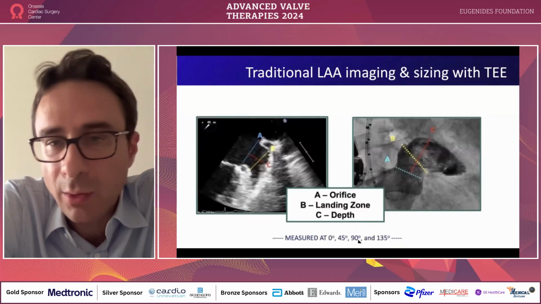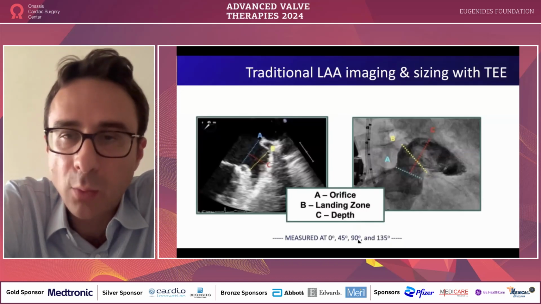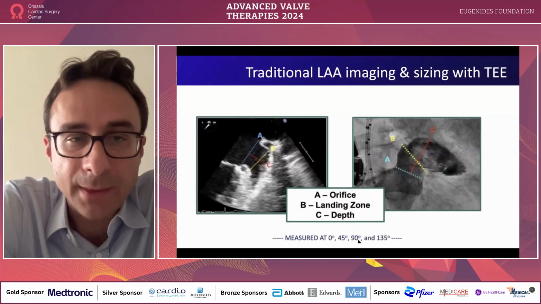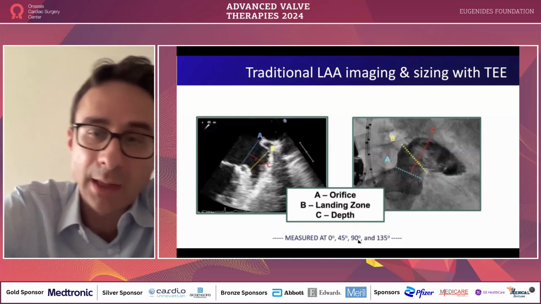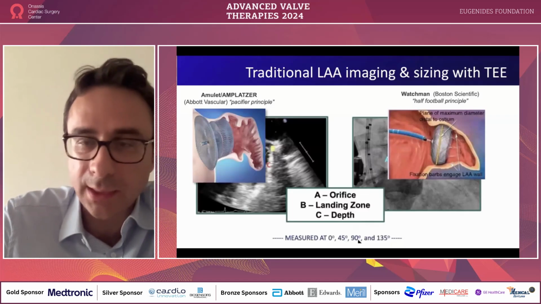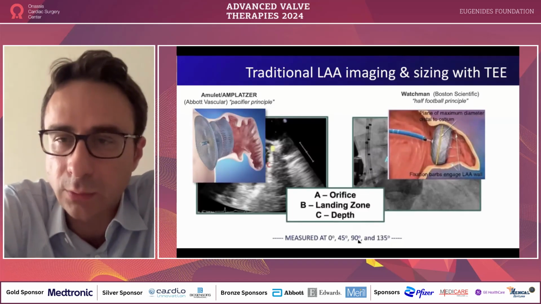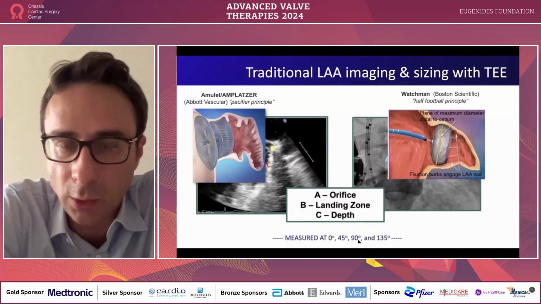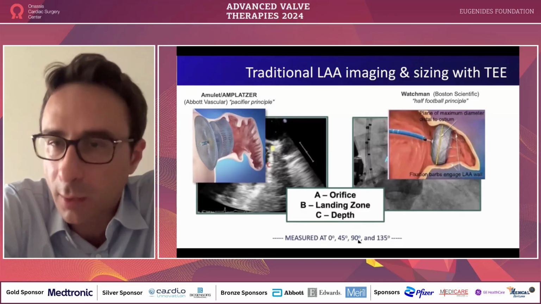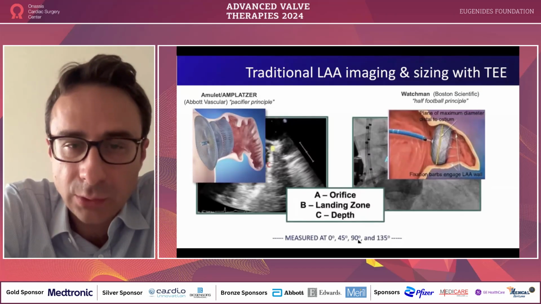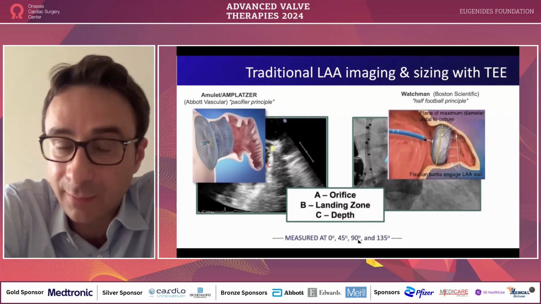But the way we measure and take these dimensions is different with the different devices that we may utilize. Why? Because as we have already seen, taking as example the 2 most utilized ones, the Amulet and the Watchman device, they work creating a sealing of the LAA structure utilizing completely different principles.